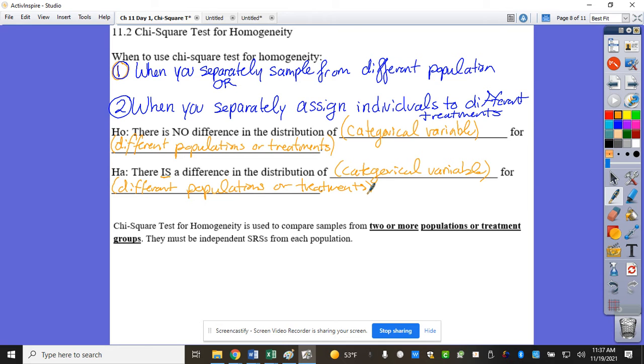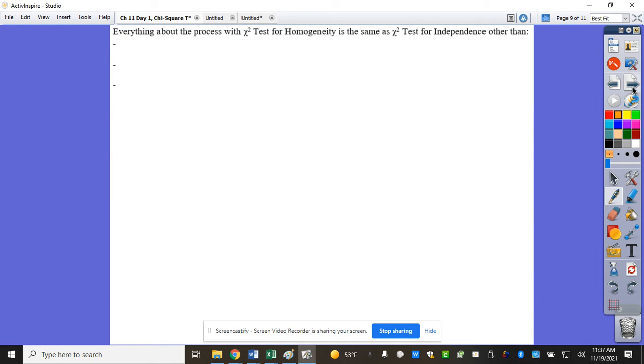And this bottom part is just saying the same thing we just said. It's used to compare samples from two or more populations or treatment groups. So the whole process is actually the exact same.